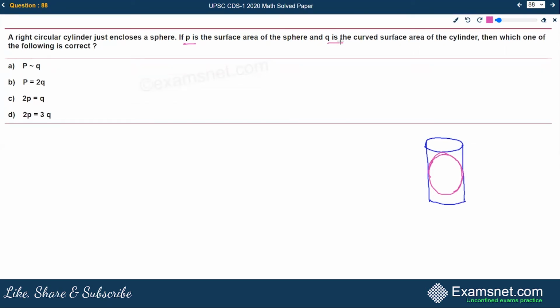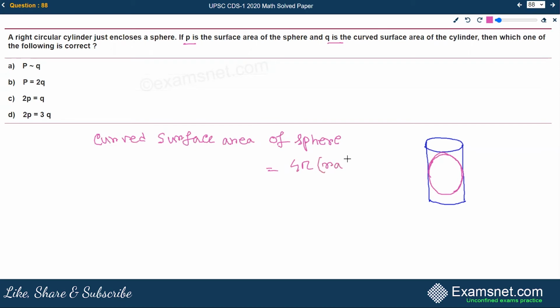First, let me discuss the formula for finding curved surface area for sphere and cylinder. So curved surface area of sphere, the formula is 4 pi r square. Here r means radius.